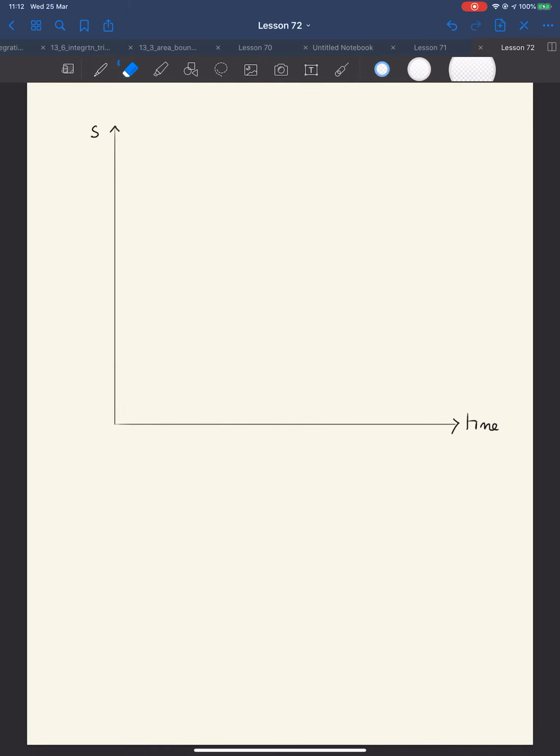So it goes to 45 metres first of all, and that is in the 15 seconds.